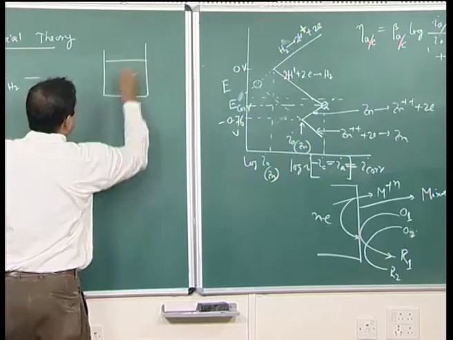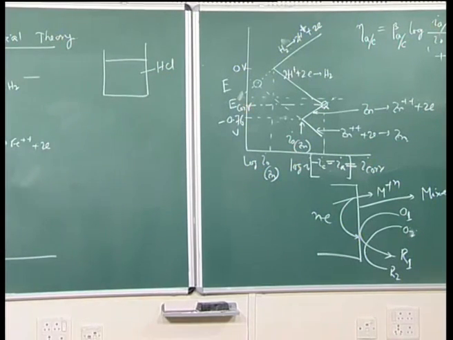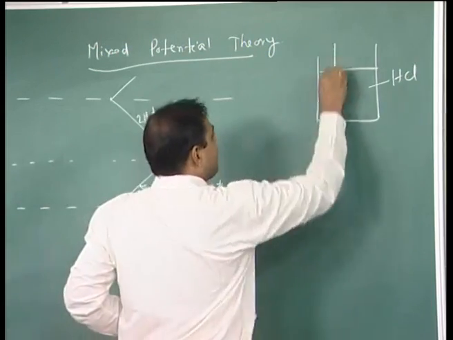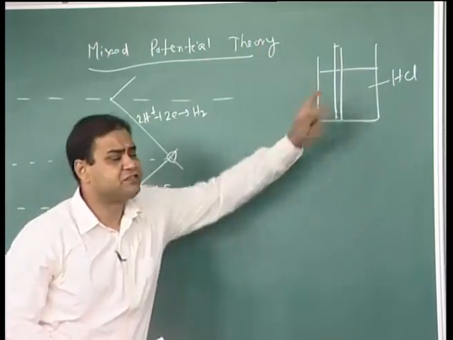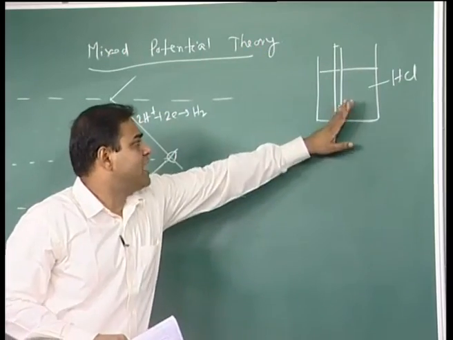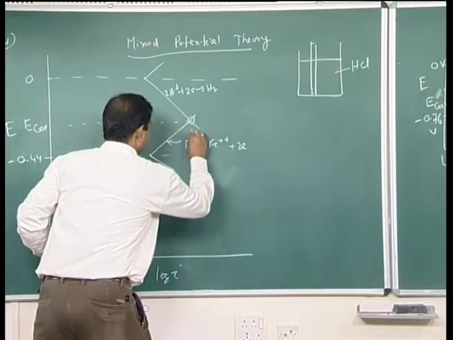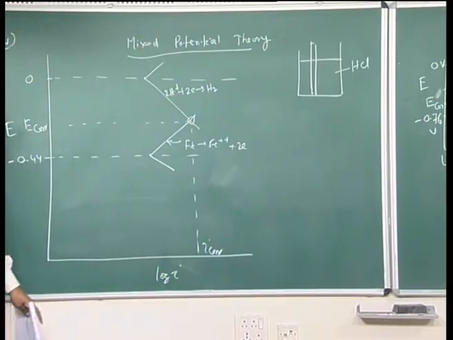In one beaker you have taken the same concentration of HCl, deaerated, no oxygen in it. So, you have dipped one pure iron rod in this medium, and you are seeing this process, and this is my corrosion rate.